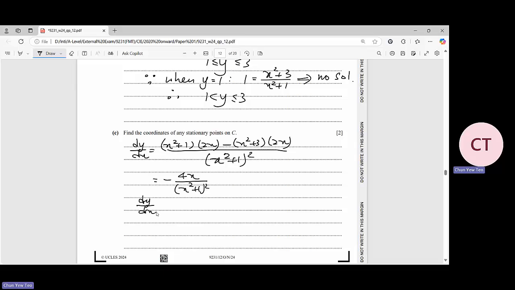Your dy/dx equal to 0, which means that your x is 0. That will give you y equals 1 over 3.